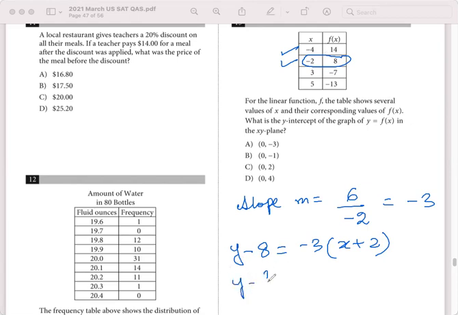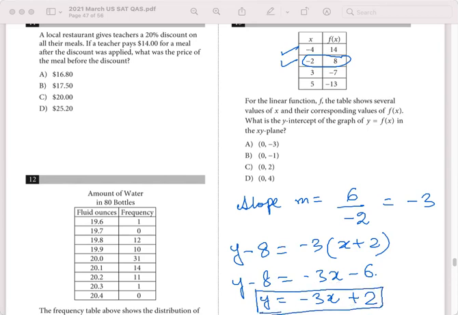So y minus 8 becomes minus 3x minus 6. So y becomes minus 3x plus 2. Because when I take 8 here, it becomes plus 8 and then minus 6. And this is the slope-intercept form of the line, right? And I can see that my y-intercept is going to be 2 from this. So (0, 2) is my y-intercept.